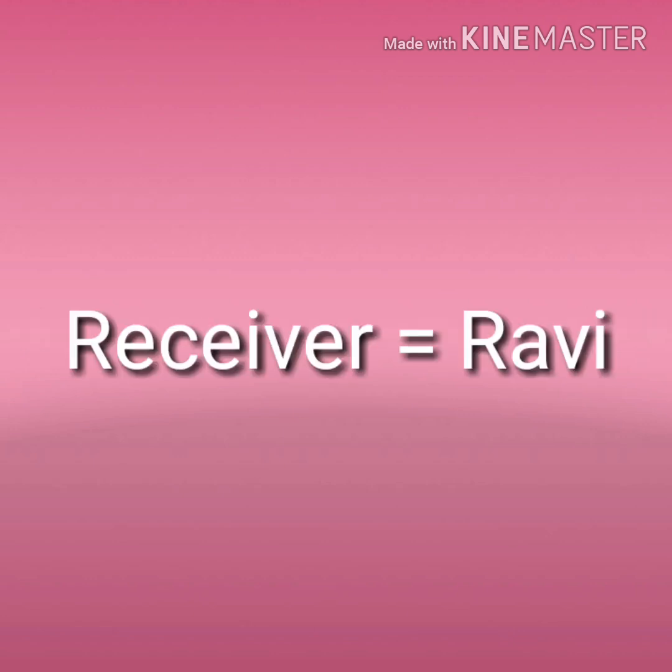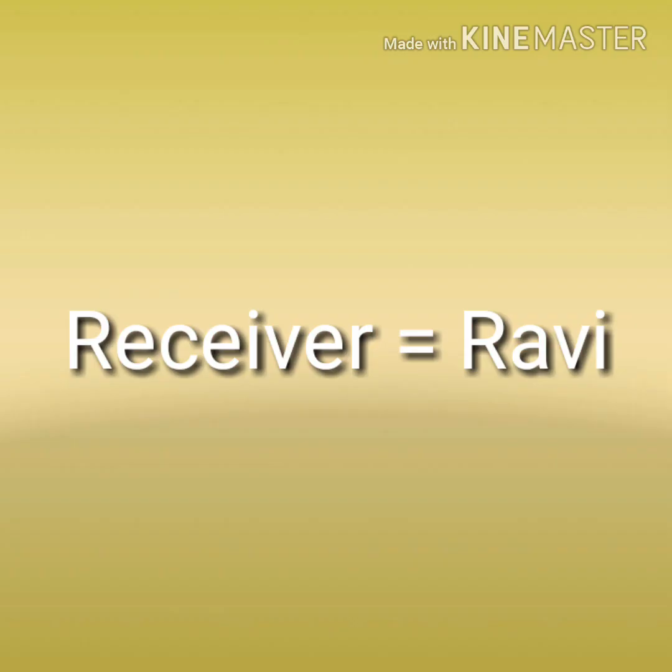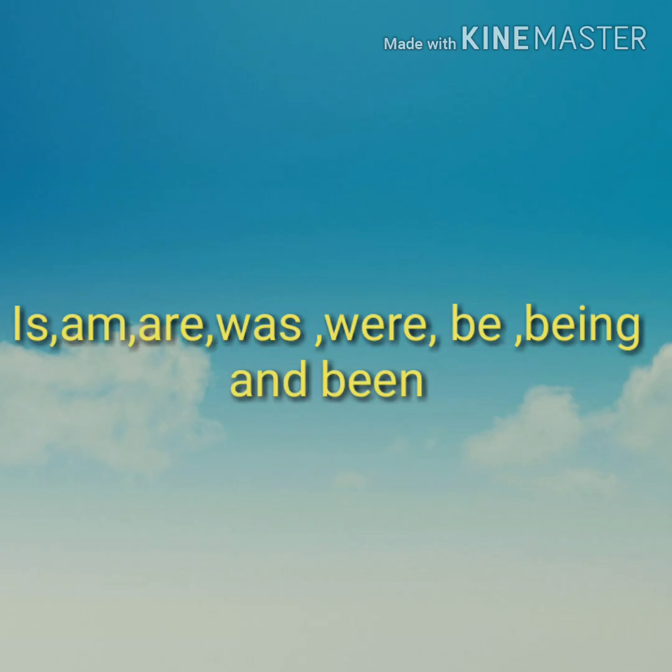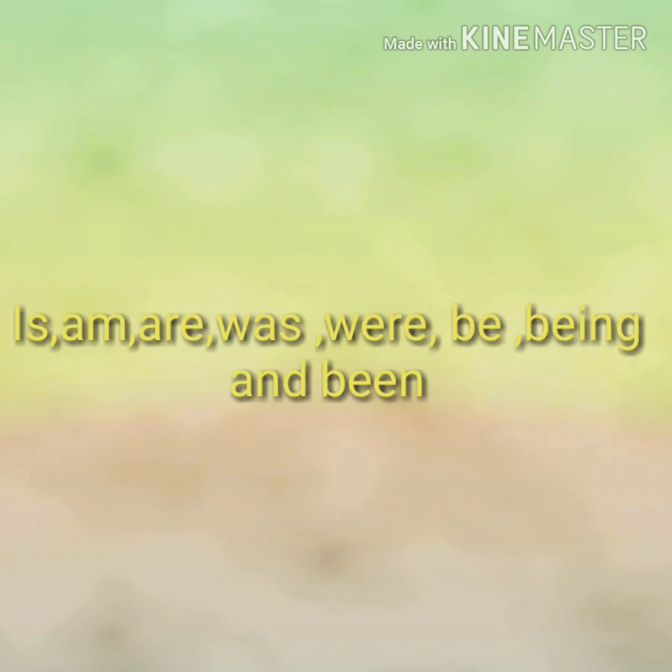I will explain. So who is the receiver of the action? It is Ravi. So some form of the verb to be. What are the different forms of the verb to be? It is is, are, was, were, be, been and being. So these are the different forms of the verb to be. So receiver of the action plus to be plus past participle form.